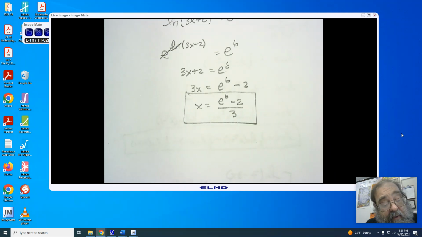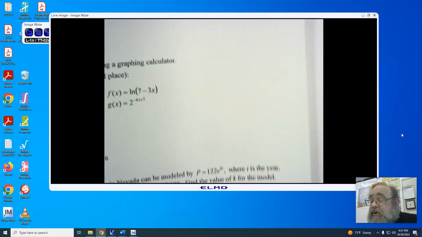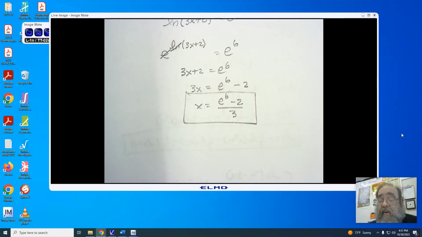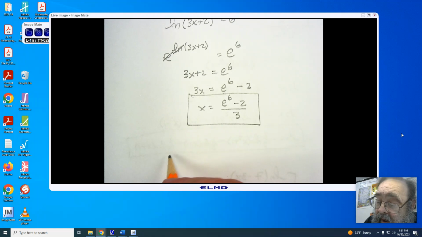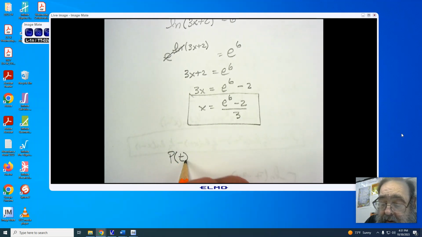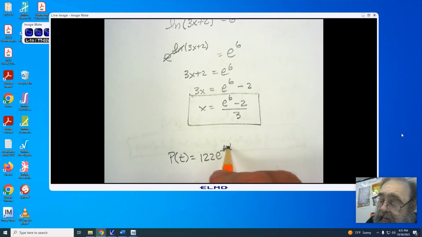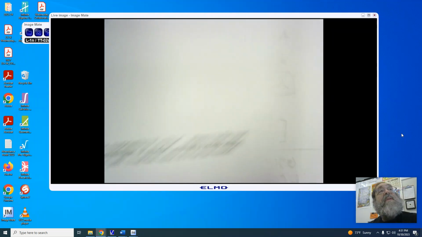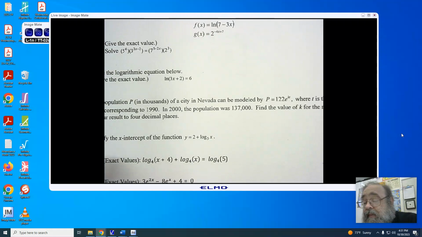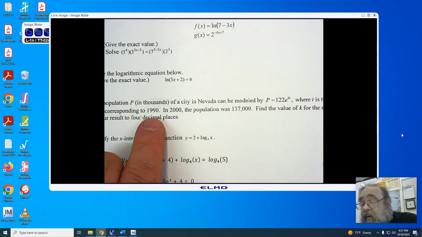Number 12 asks us to find a population. In fact, it asks us to figure out what is the value of k that will make the population happen. We are told that the formula is P of t is equal to 122 e to the kt power. We are told in this problem that population t equals 0 is 1990.